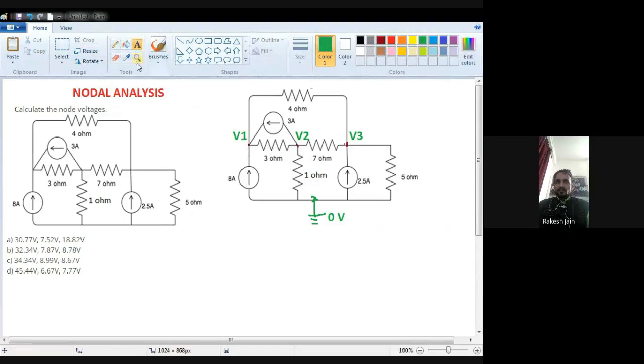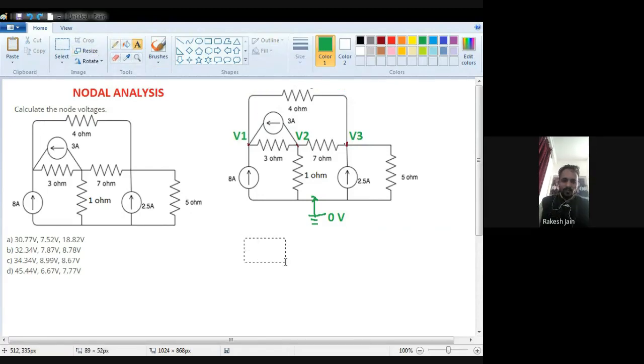See, at this V1 node there are 4 branches. One is of 4 ohm. One point of the 4 ohm is connected with V1 and the other point of the 4 ohm is connected with V3.